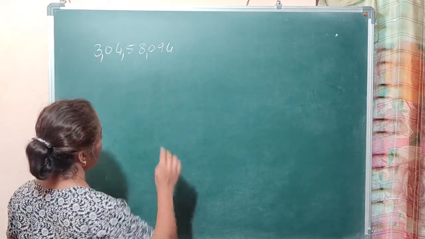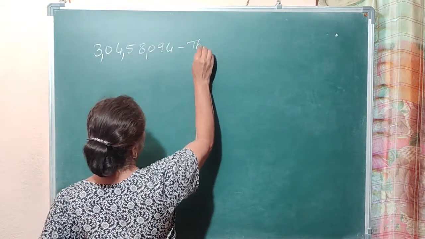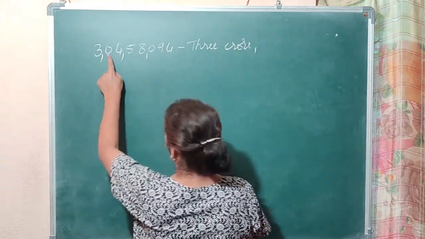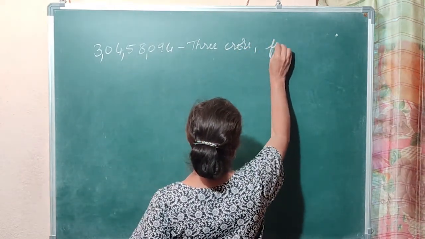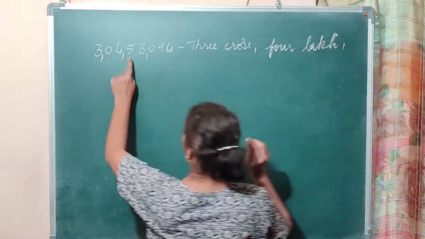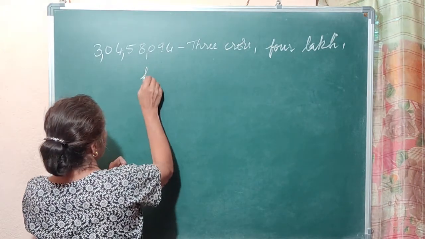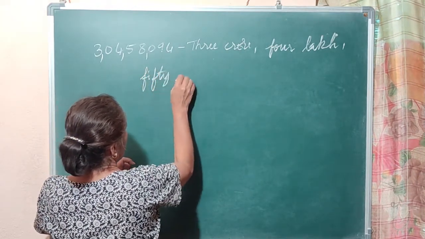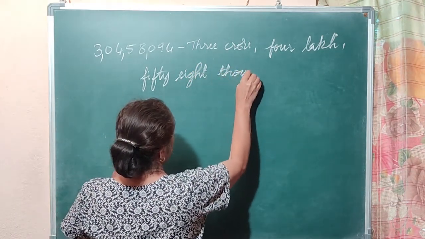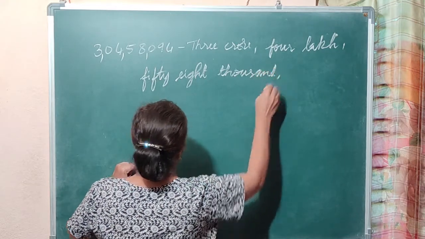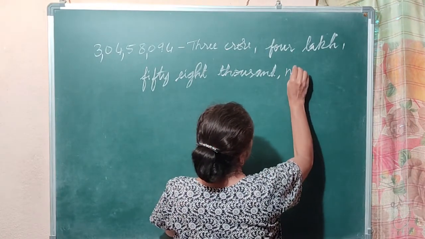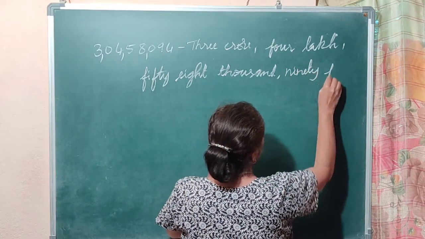How do you write this in words? 3 crores, comma, 0, 4, so 4 lakhs, then 58,000, then 0, 9, 4 is 94.